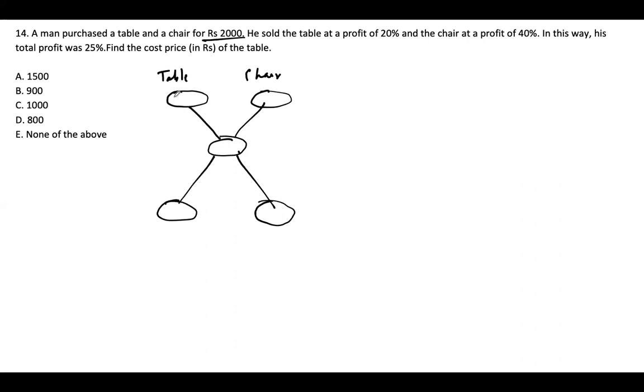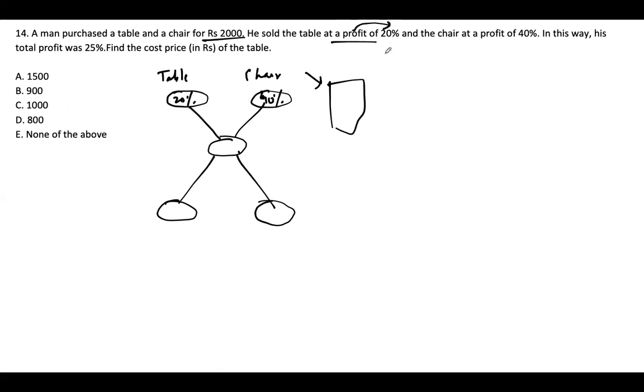See the chair, this is, let's say, 20%, this is 40%. And what should I write with respect to average per unit? How do you calculate profit? Profit is revenue minus cost price.